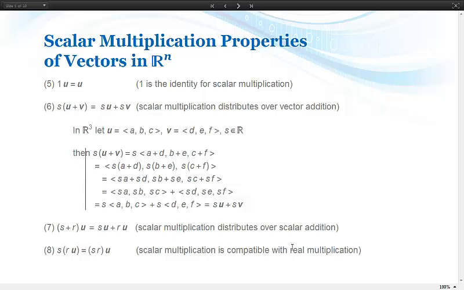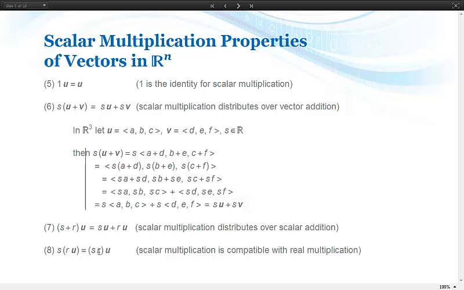Finally, this other one is interesting also. Scalar multiplication is compatible with real multiplication. If I first scale a vector by r and compute the vector ru, then I scale that vector by s, so s times the scaled vector ru, I get exactly the same answer as if I multiply the scalars first.